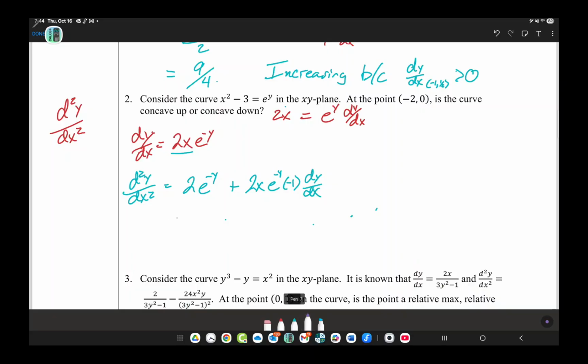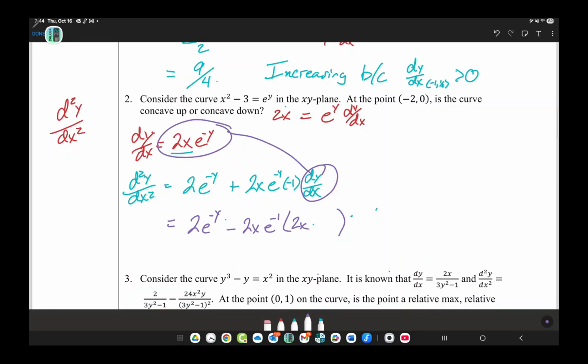So that is going to give me 2e to the negative y minus 2x e to the negative y times, we've got to replace dy dx with 2x e to the negative y. Which if you simplify, you get 2e to the negative y minus 4x squared e to the negative 2y.